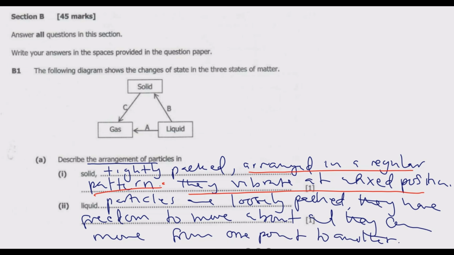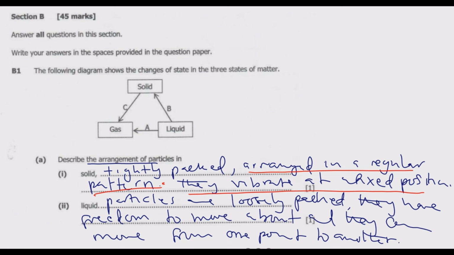So in terms of arrangement, they are loosely packed. Because they are loosely packed, hence they have the freedom to move about and they can move from one point to another. So basically this is how you answer this question.